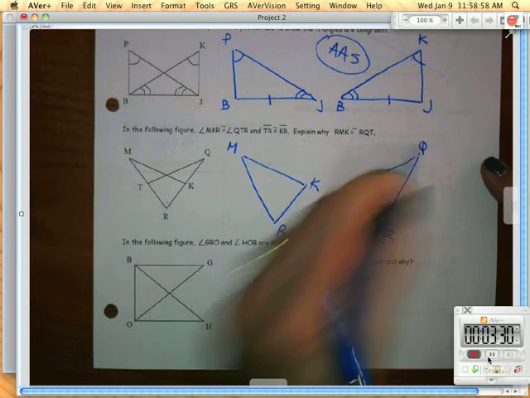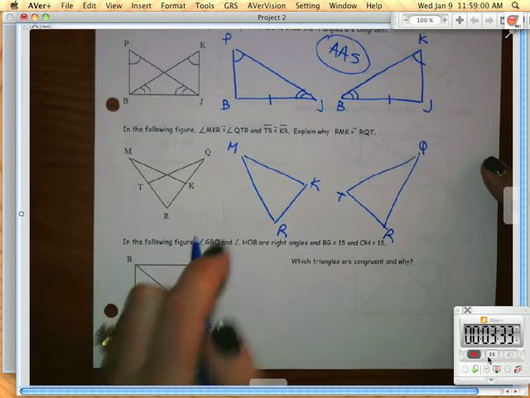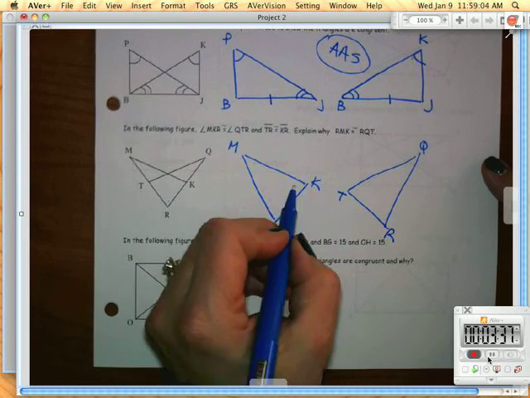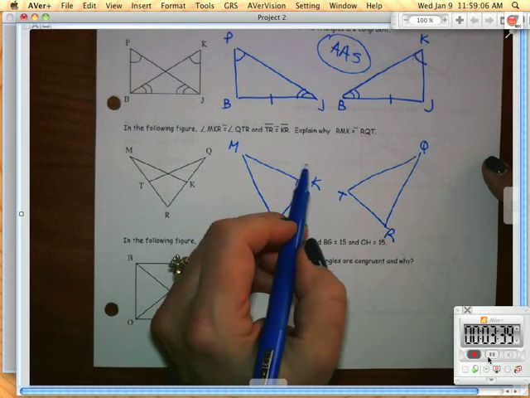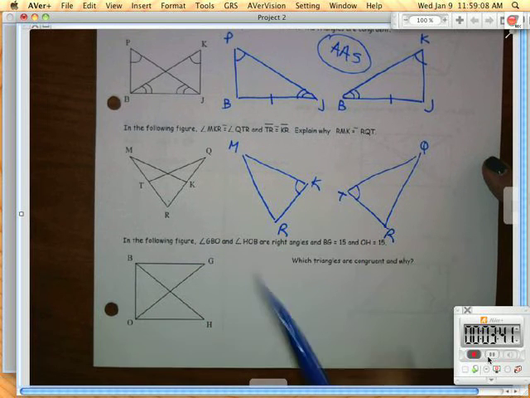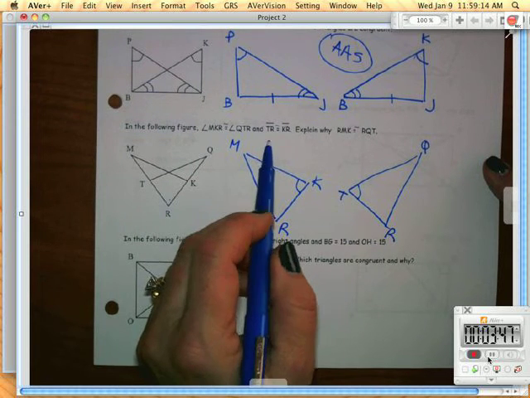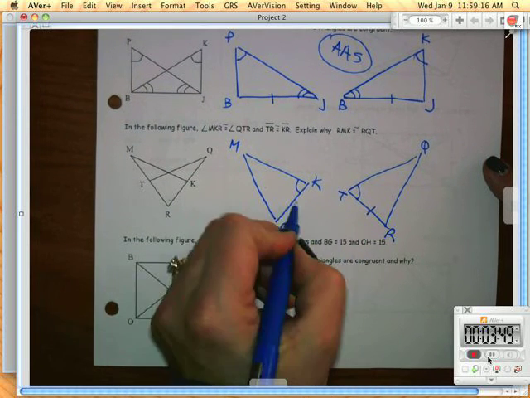So I separated them. Up here it says angle MKR is congruent to angle QTR. Okay, I'm going to mark that. And segment TR is congruent to segment KR.